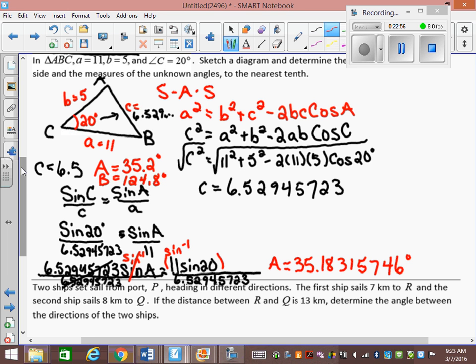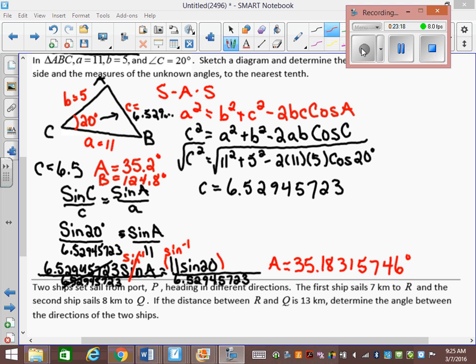Something is super shady. 11 sine 20. So this one is off, and that's why I said it's off.